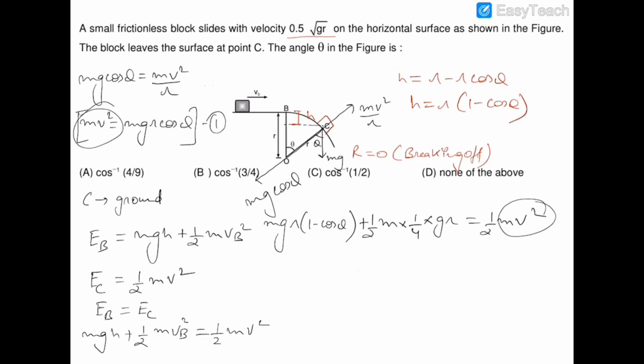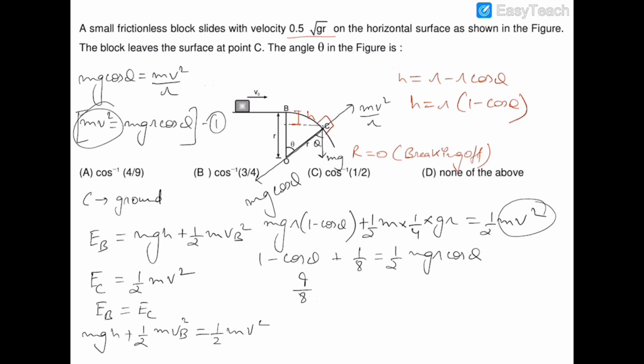Now cancelling out mgr, this will be 1 minus cos theta plus 1 by 8 is equal to half, and I am replacing mv square with mgr cos theta by equation 1.